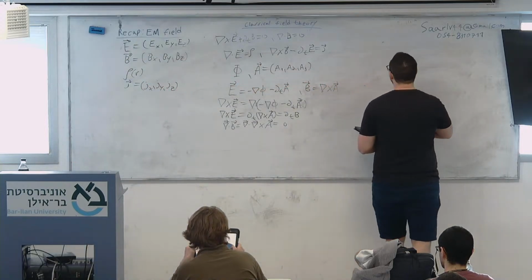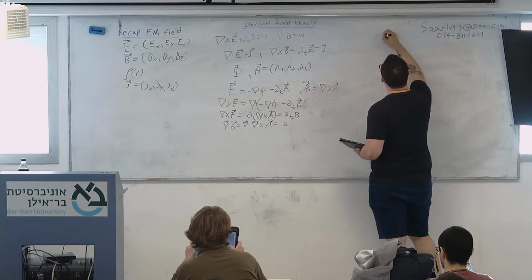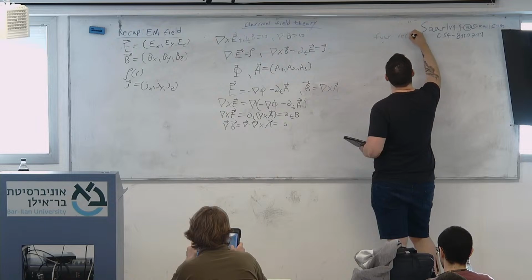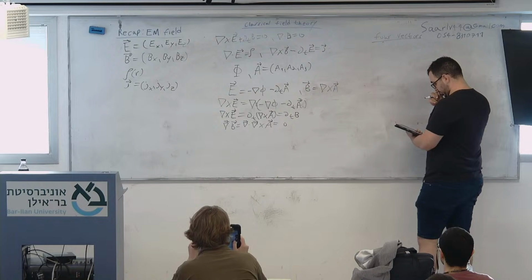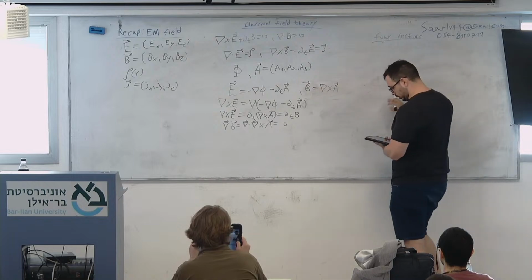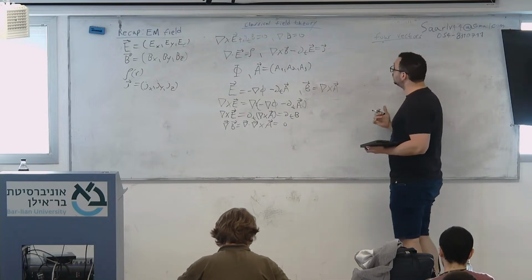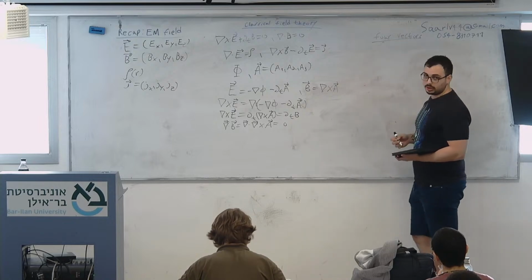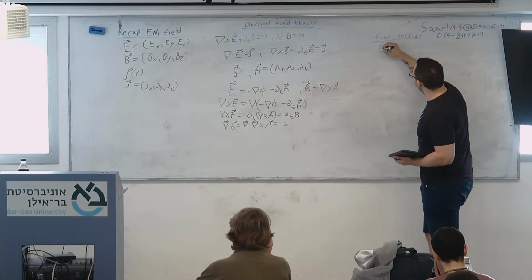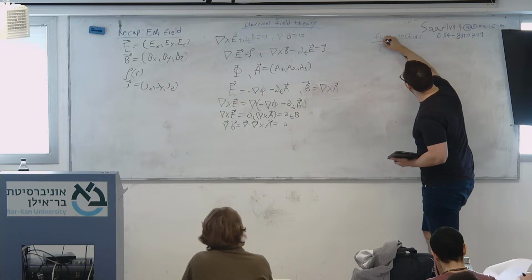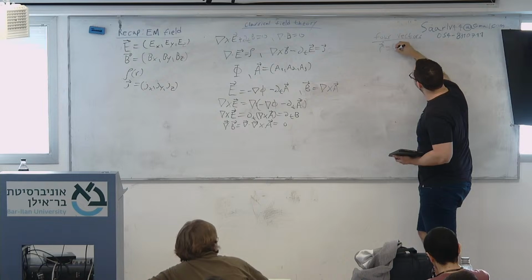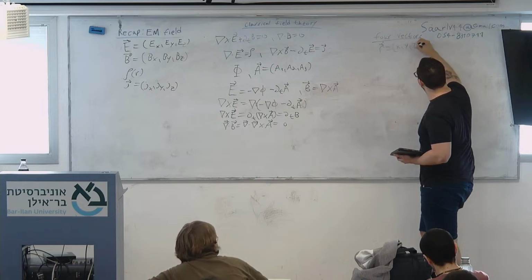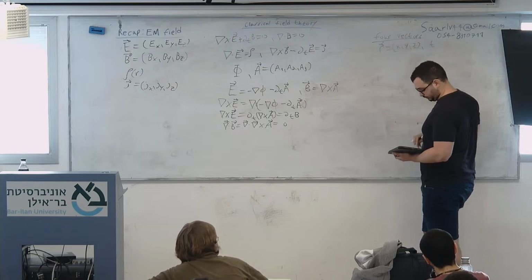Now, let's find and define 4-vectors. Usually when we talk about collisions in space-time, we define one vector element, x, y, z, and time.